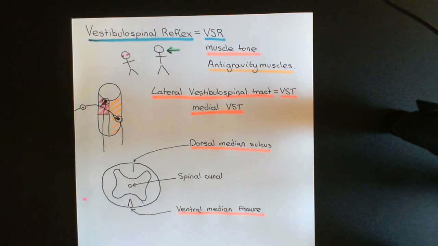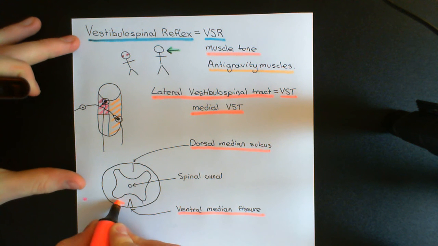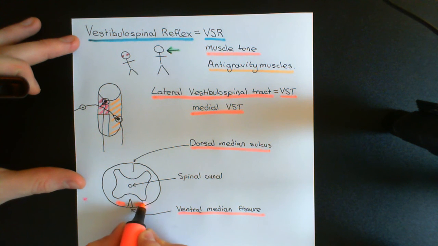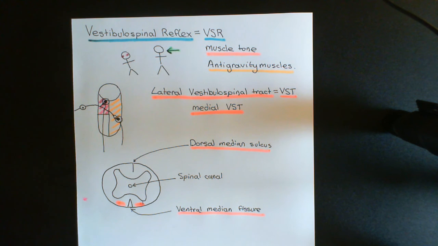Okay, so let's now see where the lateral and medial vestibulospinal tracts will be. We'll start off with the lateral one because this is more famous. So the lateral vestibulospinal tract is in this position here. It's in the anterior white matter column, like so.